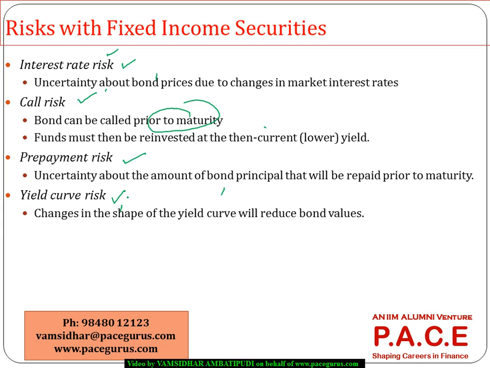Let me showcase that. Let's say right now the yield curve is more like this. For 1 year maturity, this is the interest rate. For 2 years maturity, this is the interest rate, and so on. Now let's say the central bank, the Federal Reserve or the RBI, has increased the interest rates by 0.25%.